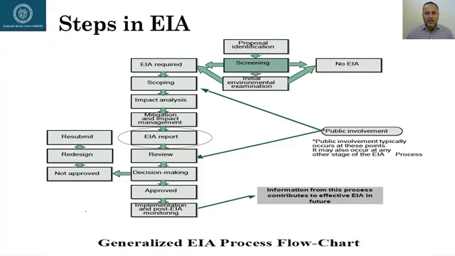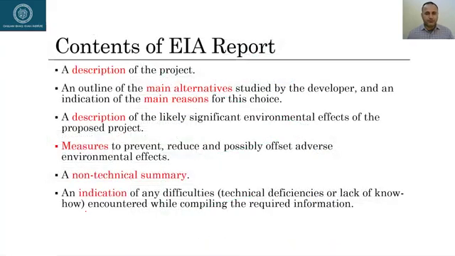The EIA report. Now, the Environmental Impact Assessment Report normally entails the description of the project, so the project is described, and an outline of the main alternatives. So what are the alternatives available to this project? An outline of the main alternatives studied by the developer, and an indication of the main reasons for this choice.